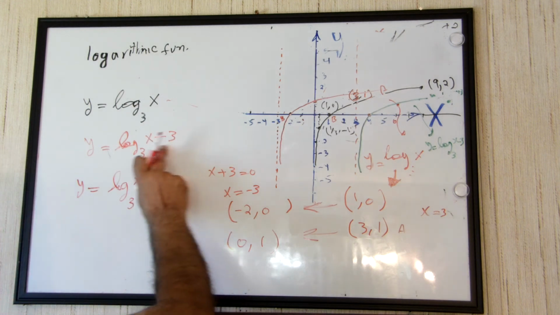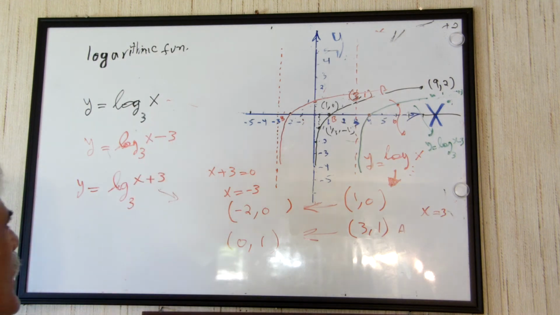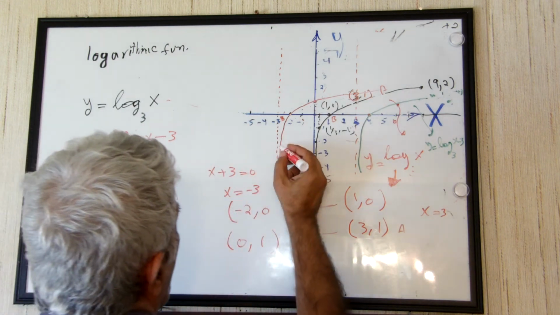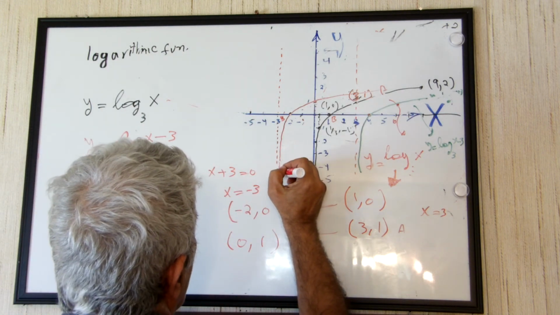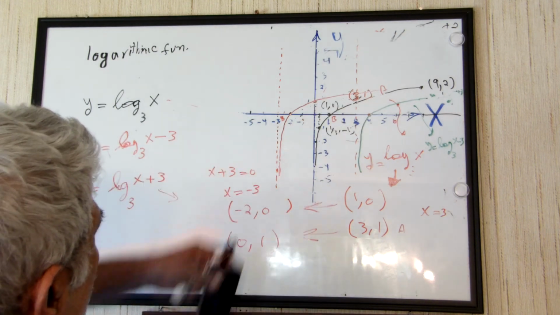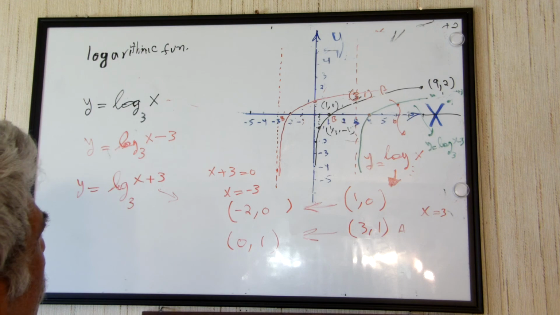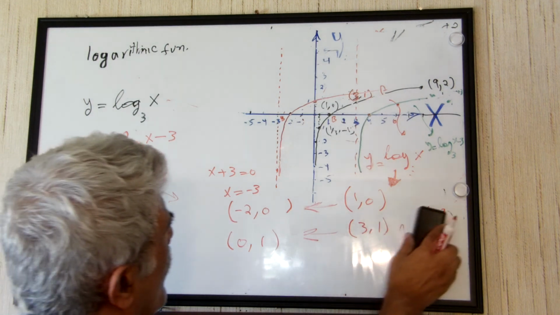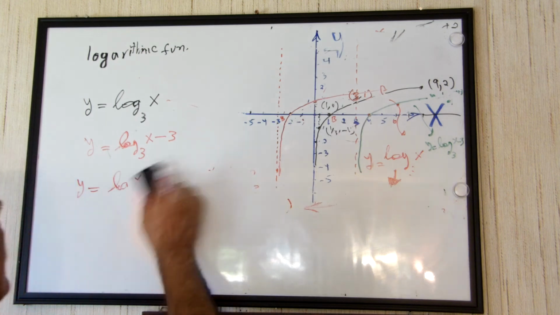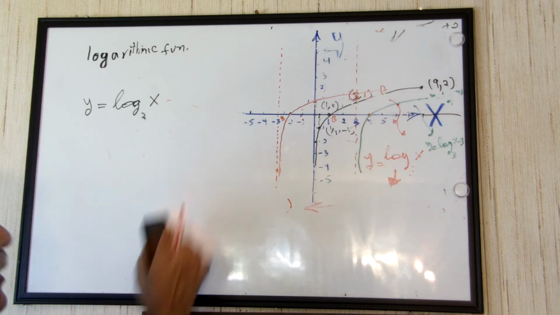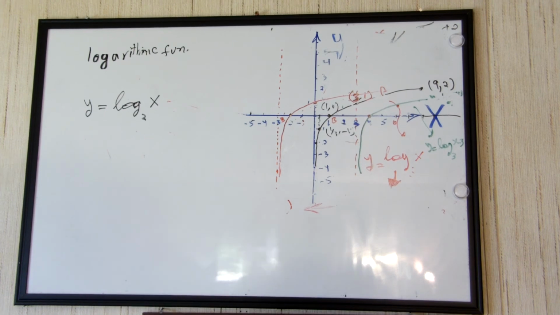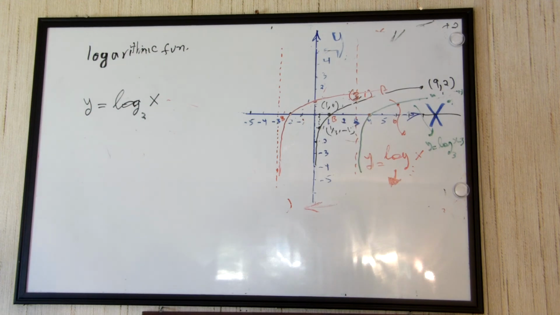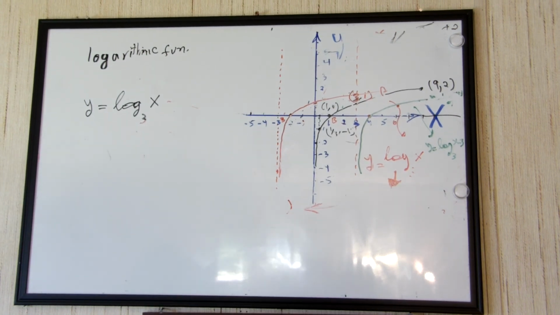This shows the vertical asymptote. If you set this to 0, it shows where the graph approaches this line, but it never gets to that line. Later we are going to talk about the horizontal asymptote, and we will talk about the domain and the range of that later.